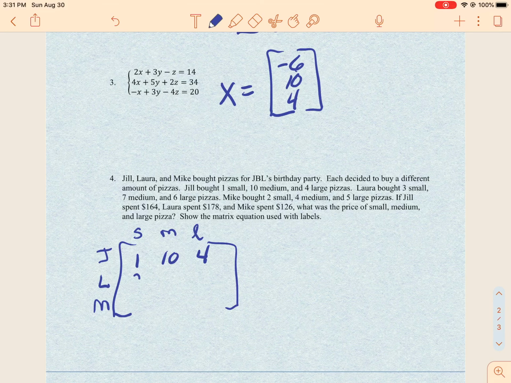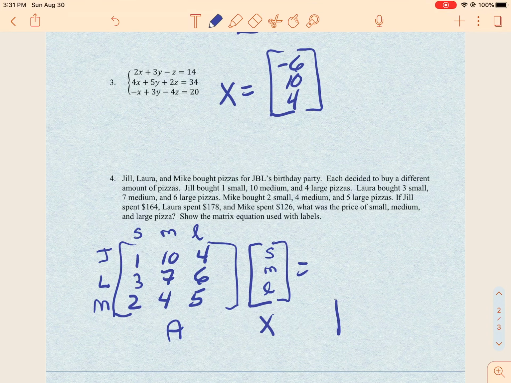Your matrix would initially look like this. Your matrix X would have been your smalls, mediums, and larges. And then those total costs were 164, 178, and 126.